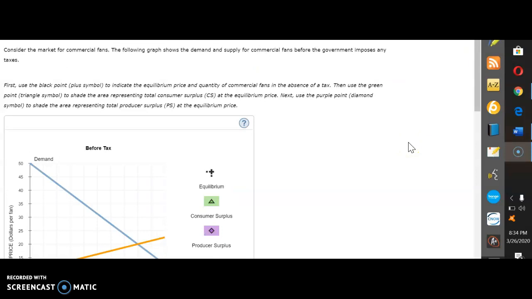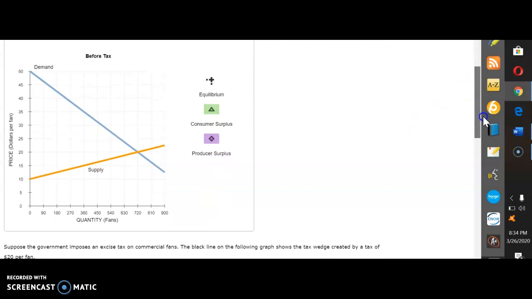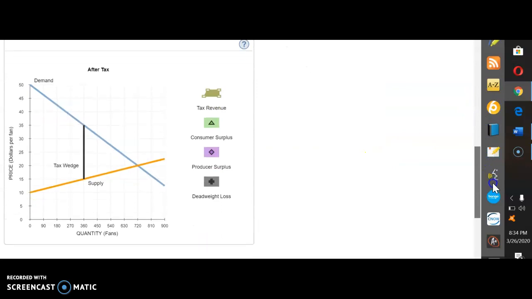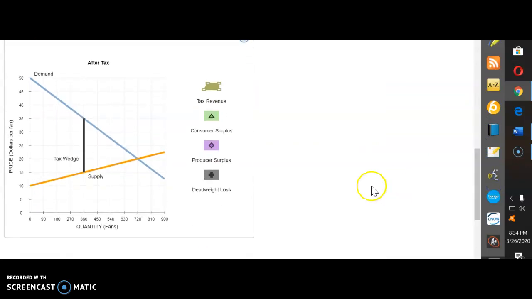Okay, I'm back. Here, I think this is the second one. And they have you do this before the tax thing: you find the equilibrium, then you do the consumer surplus, you do the producer surplus, and then they do a tax. Now on this one, they don't actually shift the curve up.